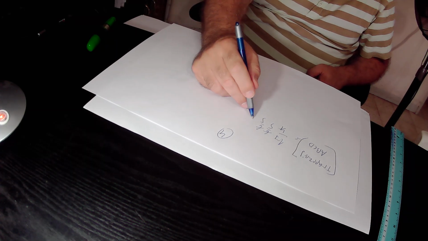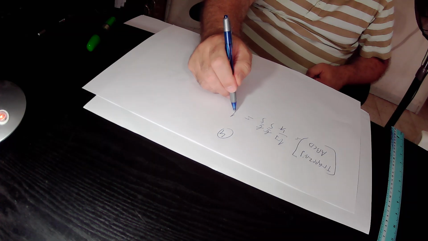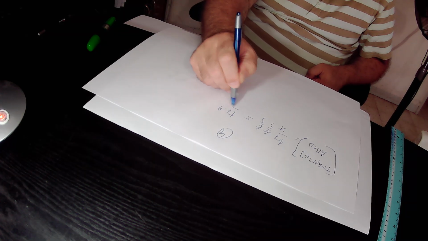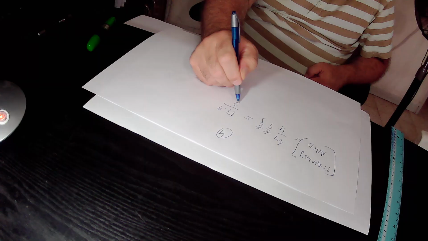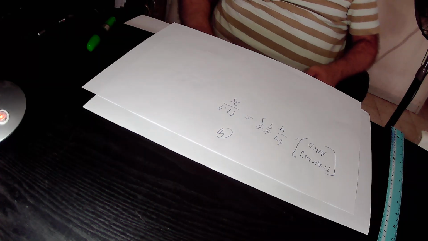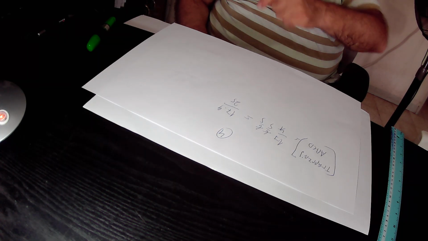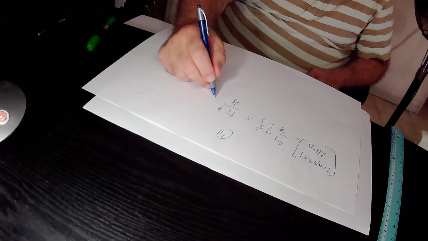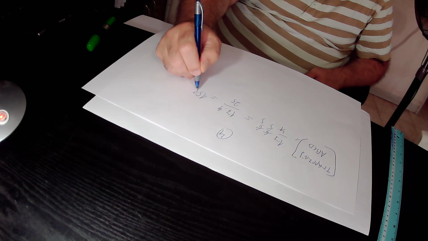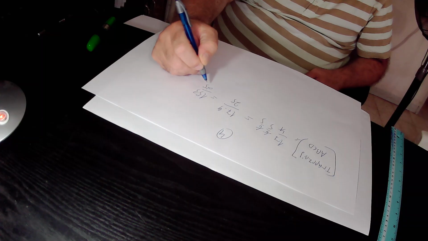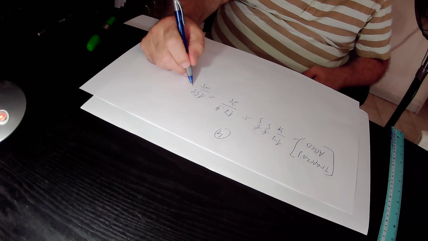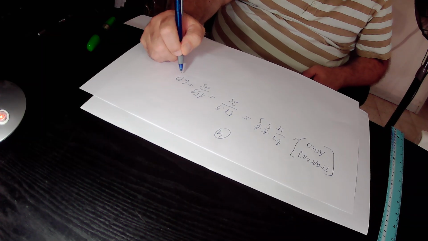So in the numerator we are left only with 17 times 9 over 5 times 5, that is 25. So the area of trapezoid ABCD equals 17 times 9 over 25. 17 times 9 is 153 over 25, which is equal to 6.12 square units.